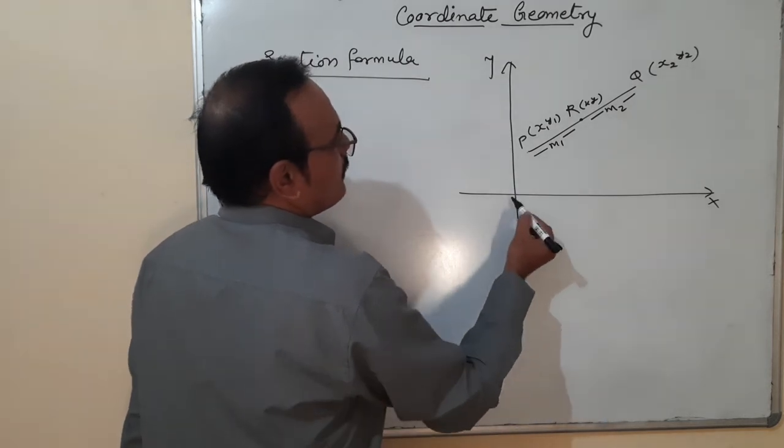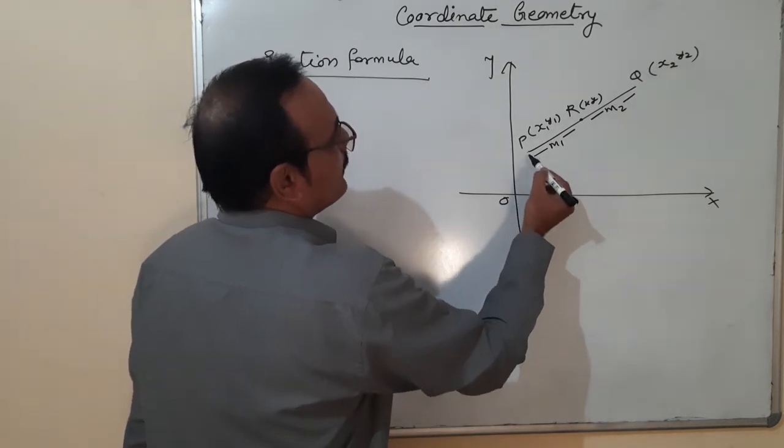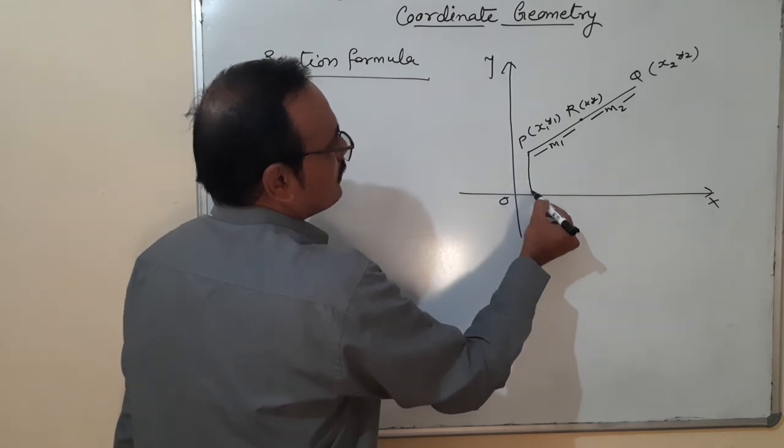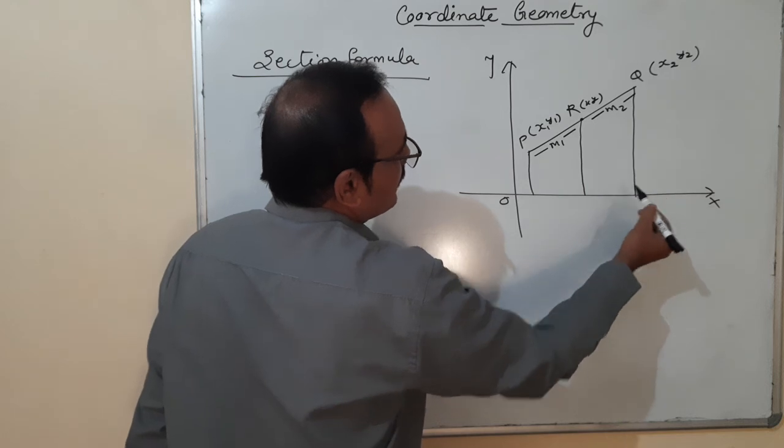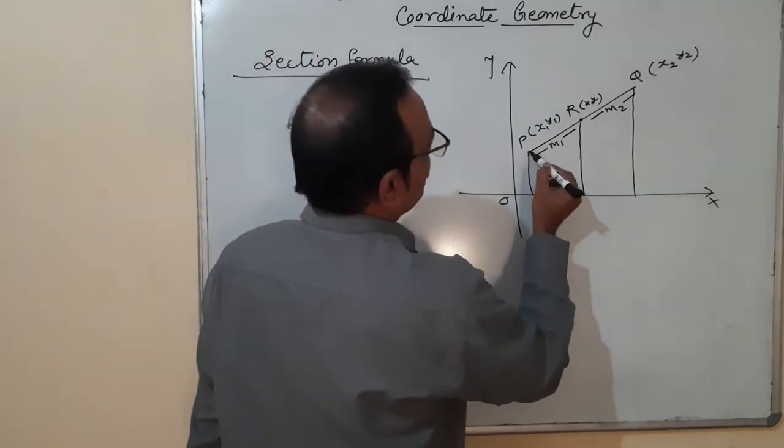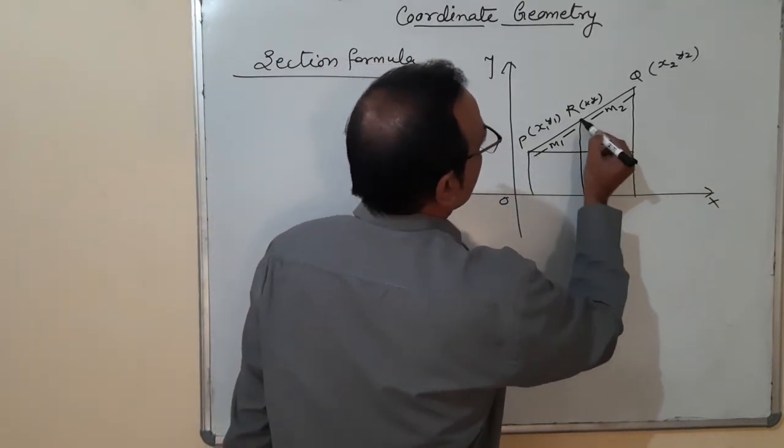We'll have to draw perpendiculars. These 3 are perpendiculars. Now we draw through point P one perpendicular, and through R a second perpendicular.